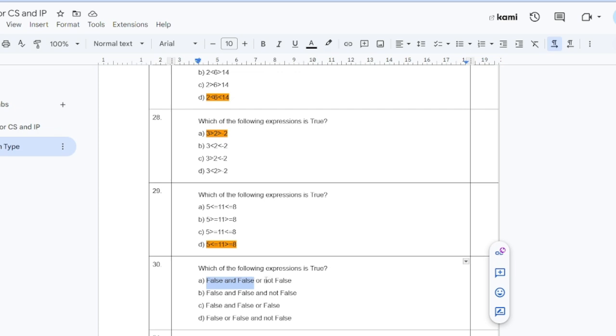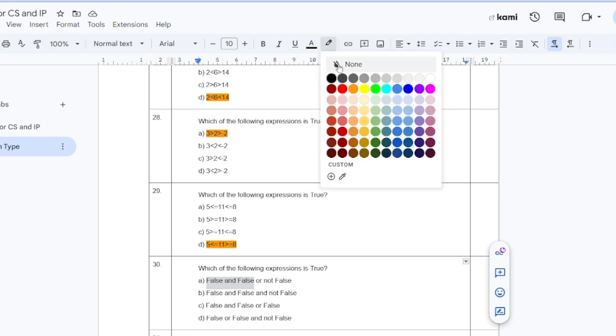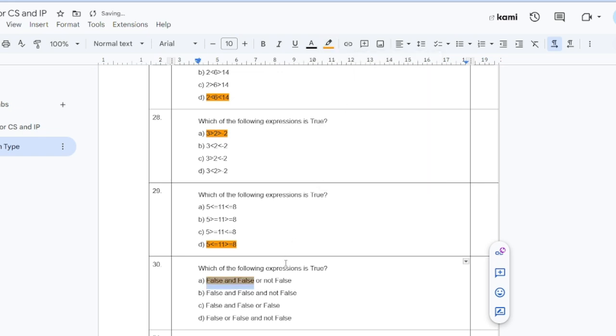So see here, not false is true. So false or true is true.